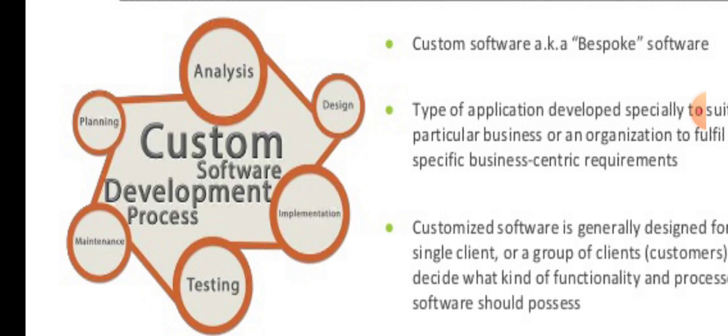So these are the different phases of a customized software development process, or we can say the software development life cycle. This is a very complicated software, basically designed to fulfill a particular user's need, or for a particular firm or company.